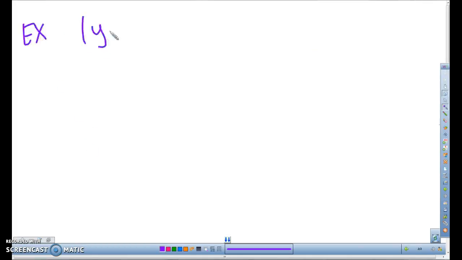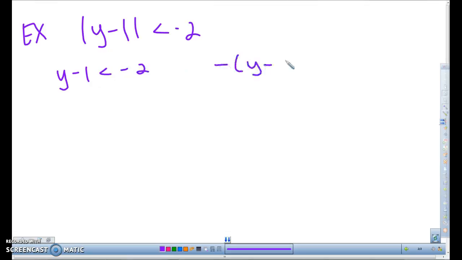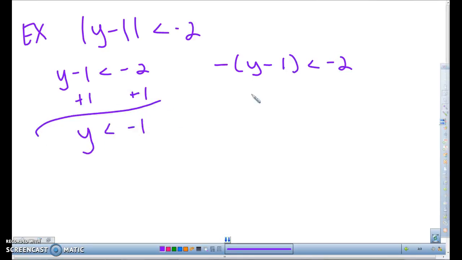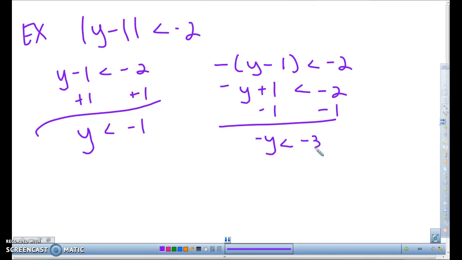Let's do the absolute value of y minus 1 less than negative 2. So I have my positive case, y minus 1 less than negative 2, and my negative case, where I'm going to distribute that negative sign through. Over here I add 1 to both sides. I get y is less than negative 1. When I distribute this minus sign, I get negative y plus 1 is less than negative 2. I subtract 1 on both sides, and I get negative y is less than negative 3.